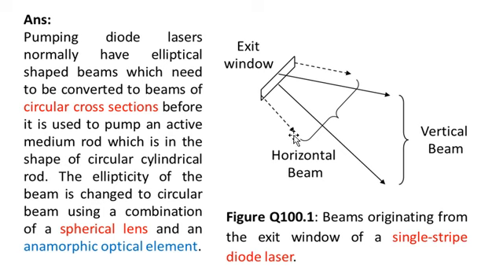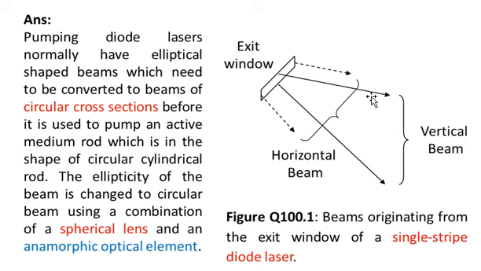The dotted lines are the horizontal beam because they are parallel to the longer dimension of the exit window. The vertical beam is coming out from the shorter dimension. That is why it is more diverged, and the divergence of this beam is larger than the divergence of the horizontal beam.